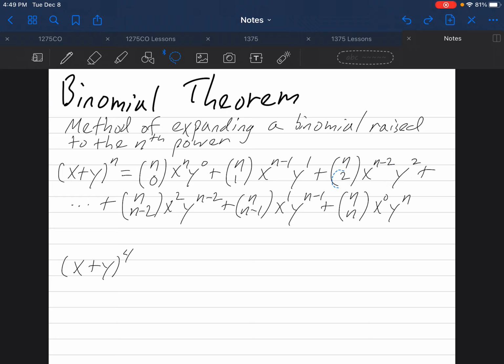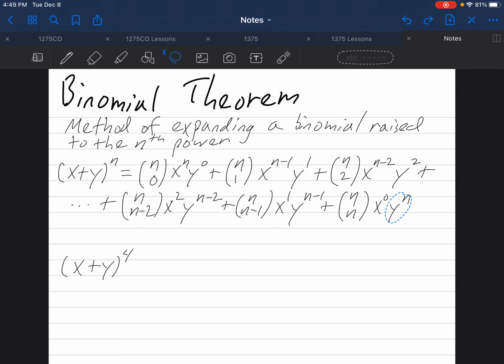And this process of increasing the choose number by 1, decreasing the first exponent by 1, and increasing the second exponent by 1, this continues on and on until you reach the choose numbers being the same, n choose n, until that first exponent goes down to 0, and at the same time, that second exponent should go up to n.